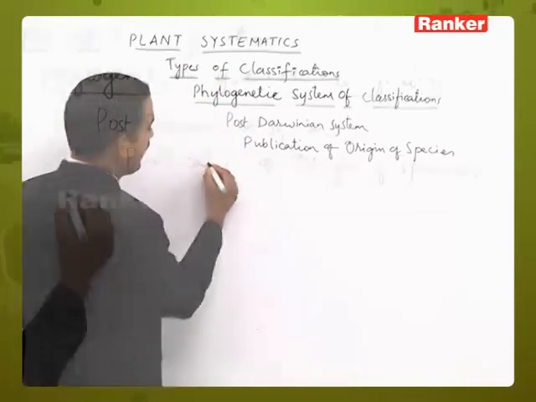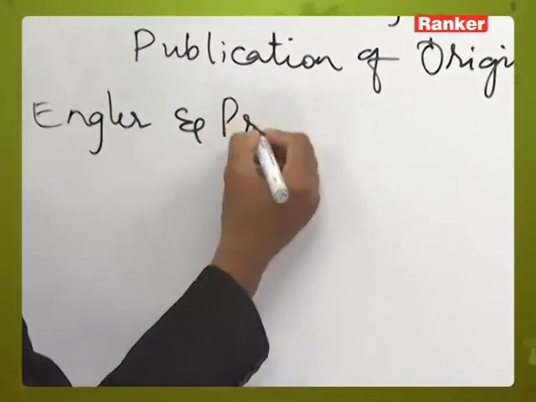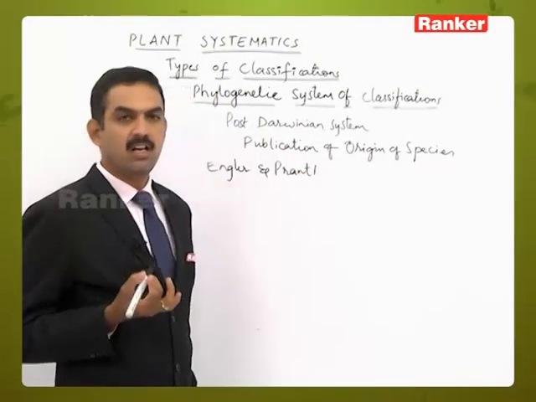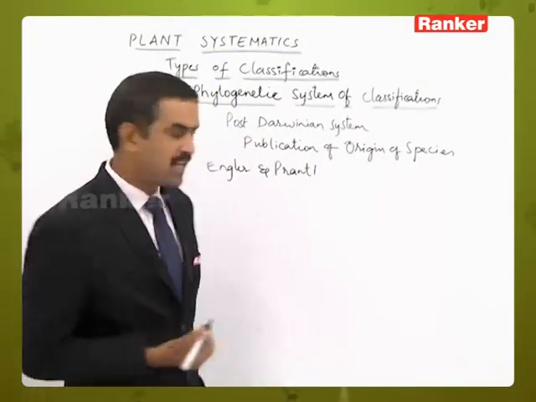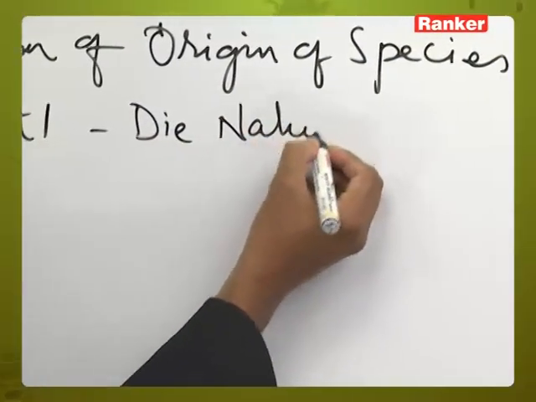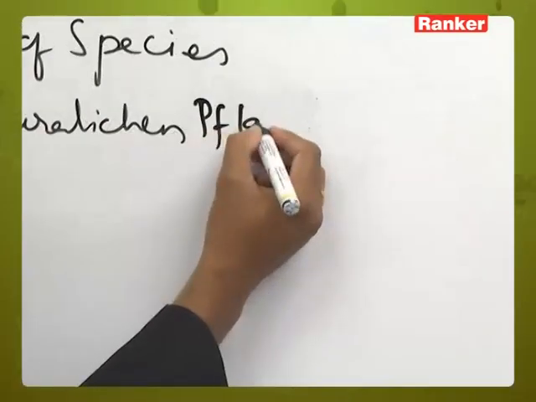Out of this, the classification given by Engler and Prantl is the first phylogenetic system of classification, given in a book called Die Natürlichen Pflanzenfamilien.